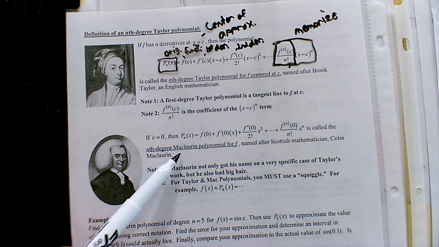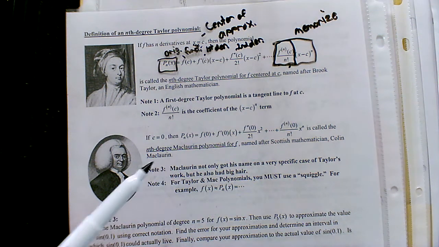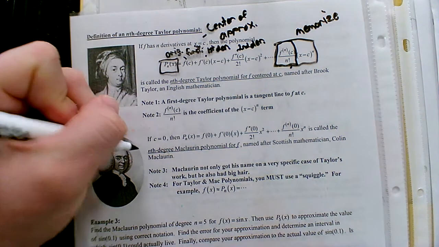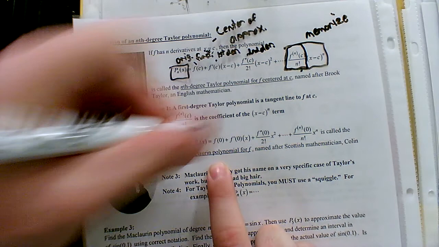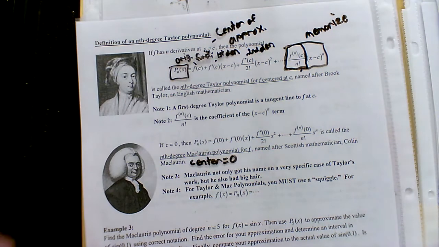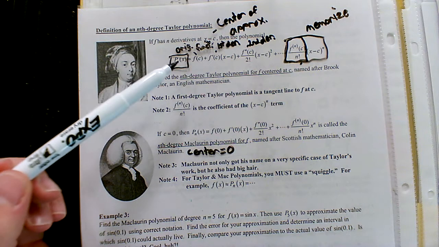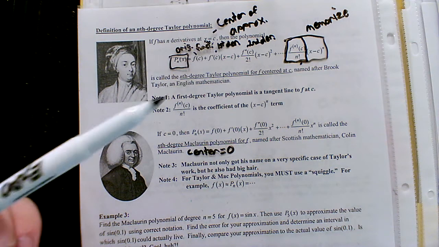So if they're talking about this guy here, or they explicitly say in the problem it's a Maclaurin polynomial, you already know, if they don't tell you, the center is at 0. So if you want to write that down, you know the center will always be 0 here. It's the Taylor polynomials up above where the center of approximation could change.